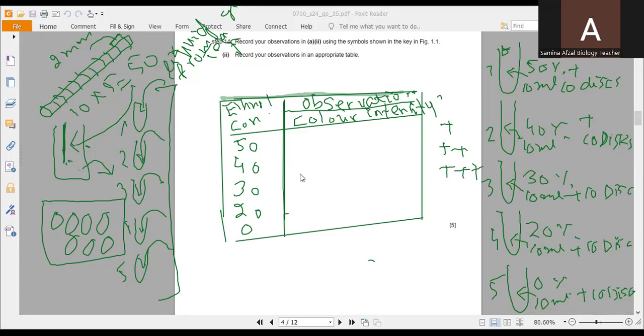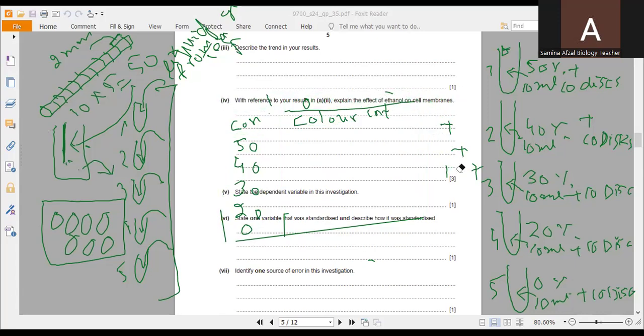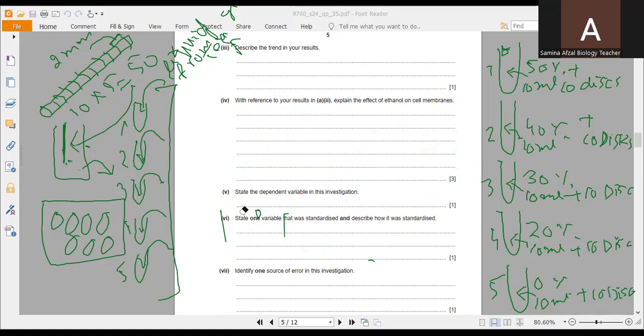So I will move forward. Sometimes in some of my papers, some of the students told me that you are copying the marking scheme. There are some answers which should always be the same whether you are using the marking scheme or not.